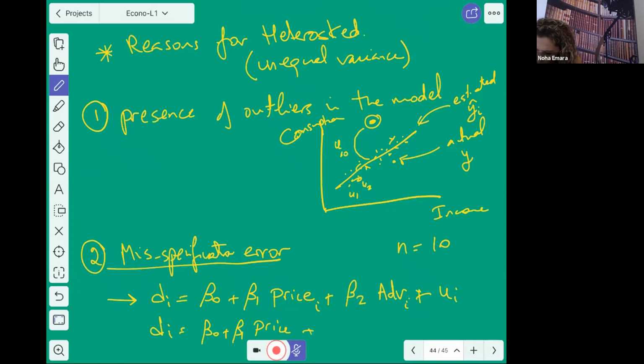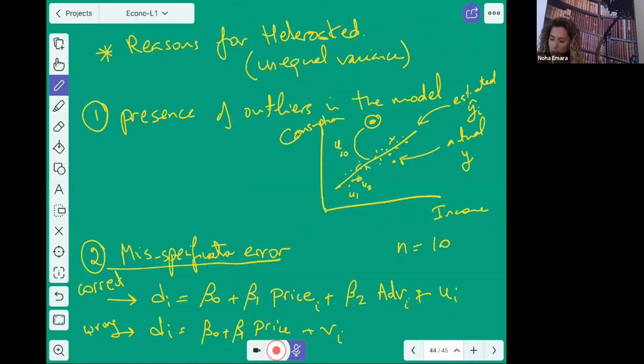And then v_i, which is the error term of model number 2. So this is the correct model, which is number 1. And this is the wrong model in which you forgot an important variable, which is the amount of advertisement on this product, because the more the people are aware of this product, definitely it would affect the sales of the product.